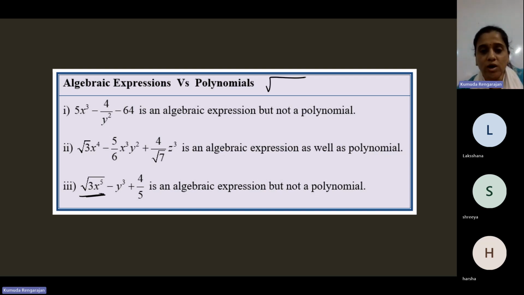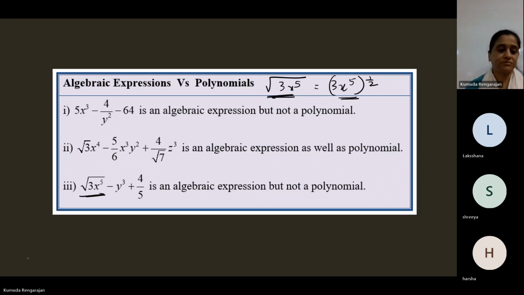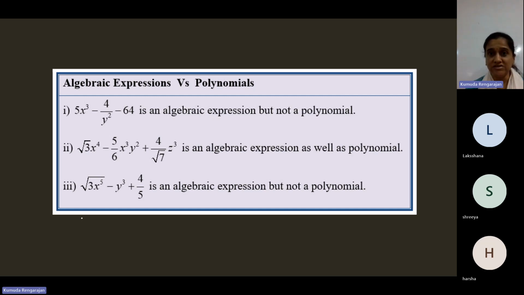Square root of 3x to the power 5 is nothing but (3x to the power 5) the whole power 1/2. Okay, so this is the radical form. This is the exponential form. Let me tell you again. In the third example, the first term is root of 3x to the power 5.